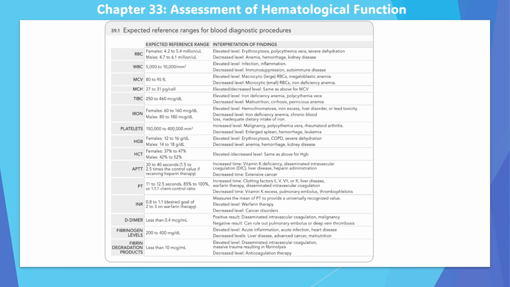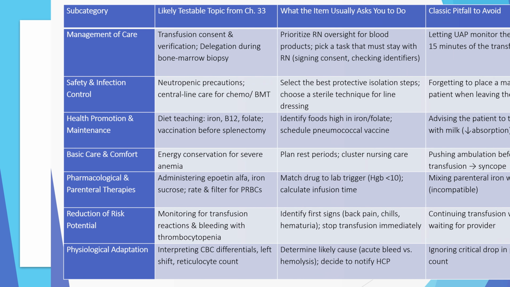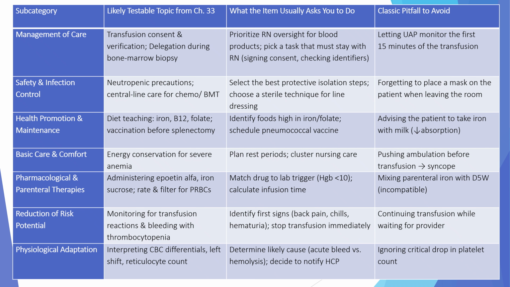So we go next, and here I have the subcategories we were talking about. It's a likely testable topic from this chapter, what they ask, and the pitfalls to avoid.